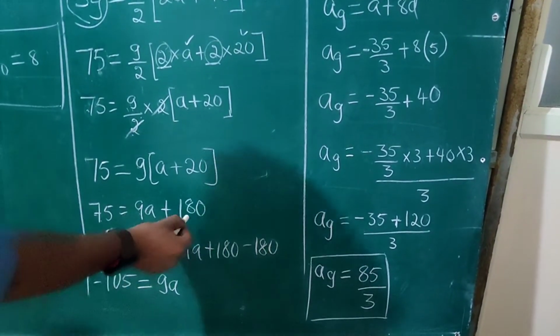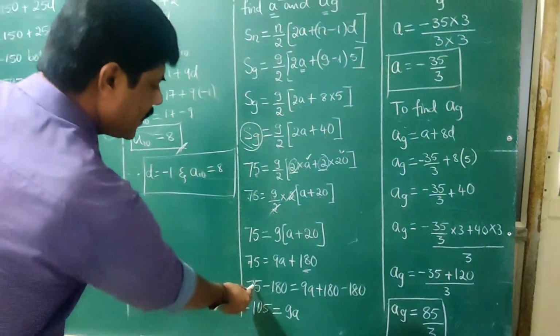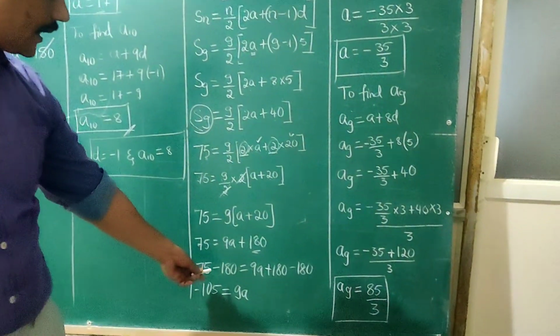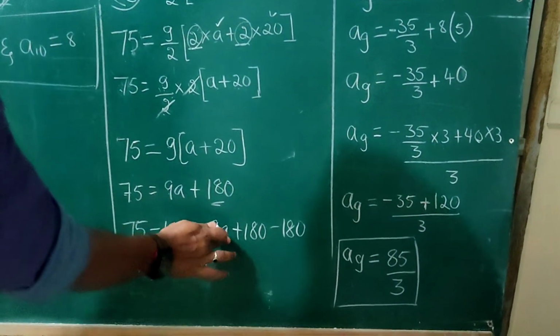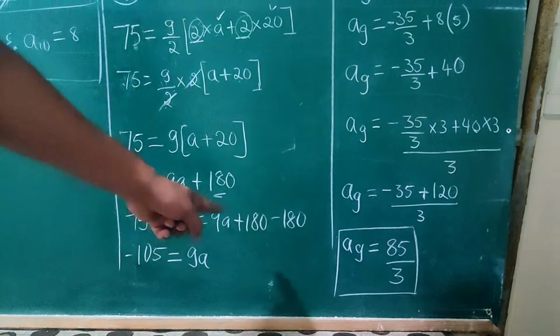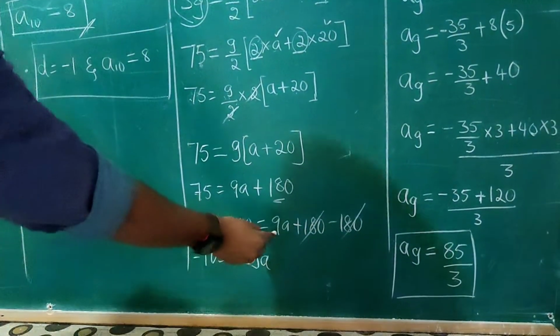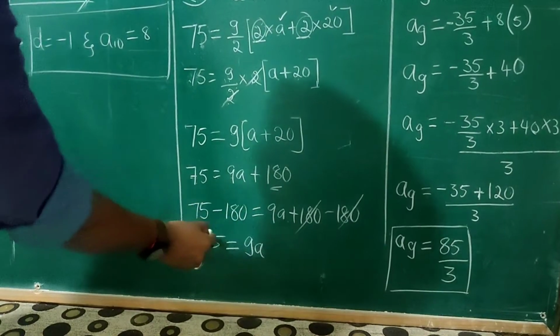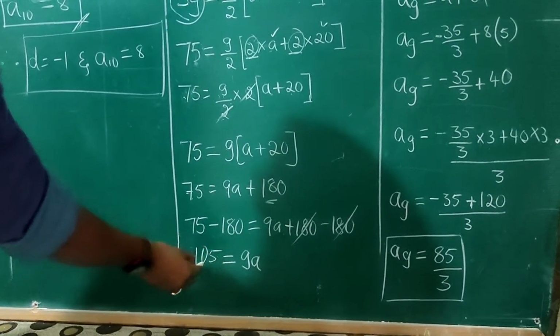Now add minus 180 on both sides. So that 75 minus 180 is equal to 9A plus 180 minus 180. 180 minus 180 gets cancelled. 9A is equal to 75 minus 180, which is minus 105.